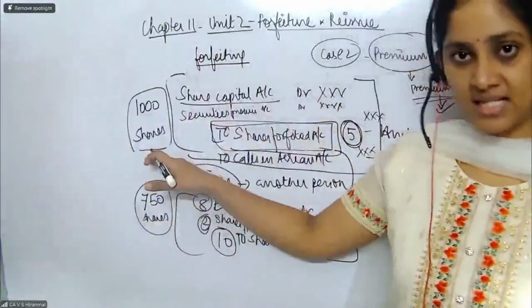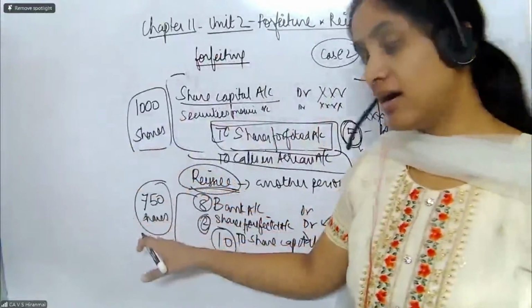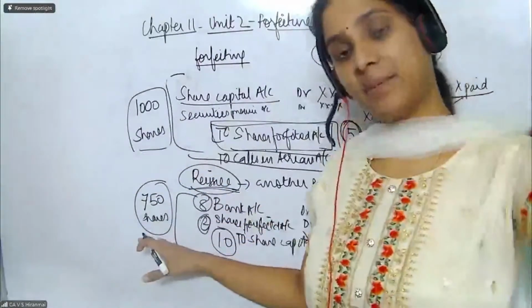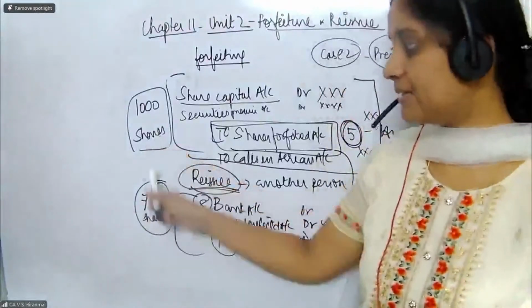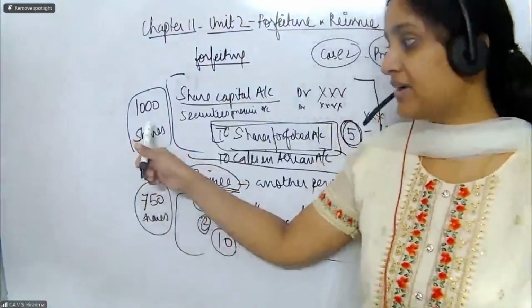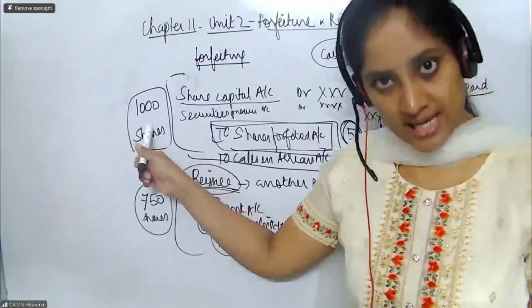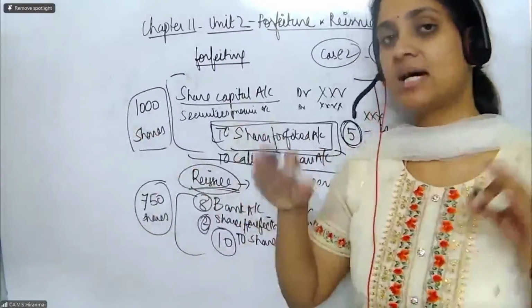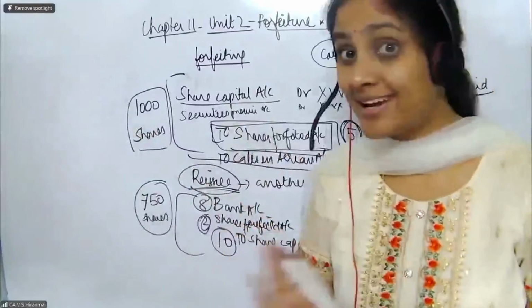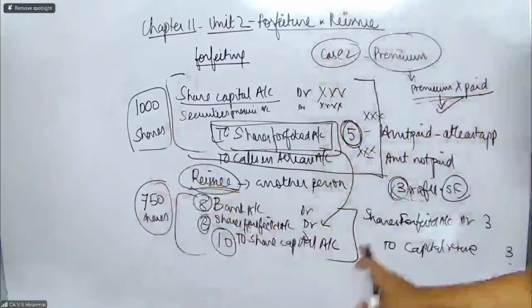Even though I have cancelled 1,000 shares, based on the requirement of the company, if I reissue less, that is enough. So in this example, 1,000 shares are cancelled, out of which only 750 shares are reissued, not the entire shares. Then what happens?